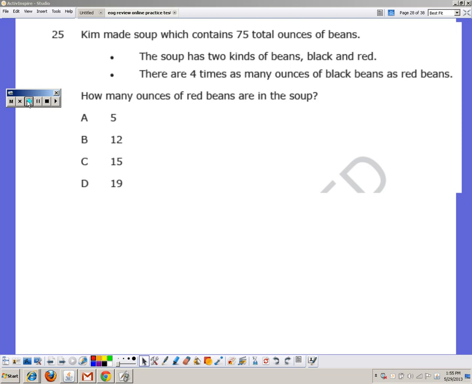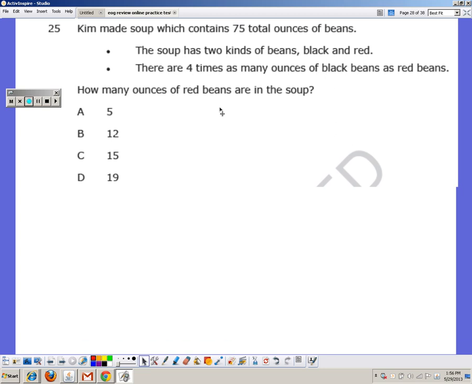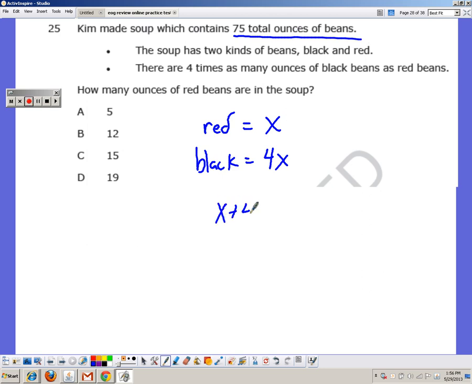Red beans are going to be your X. Since there are 4 times as many black beans as red beans, black is going to be 4X, because it's 4 times as much. Now, since the total number is 75, all you got to do is X plus 4X equals 75.